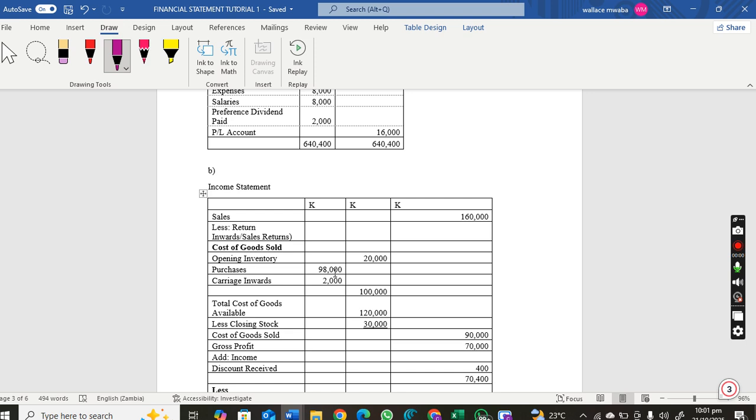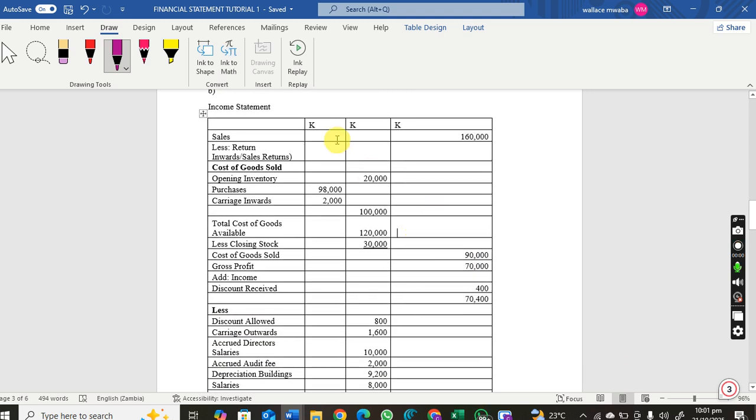Then if there was carriage inwards, you need to add it to your purchases expense. Do these three columns have names? No. What I can tell you is this last column is for grand totals. Then this column is just for adjustments.